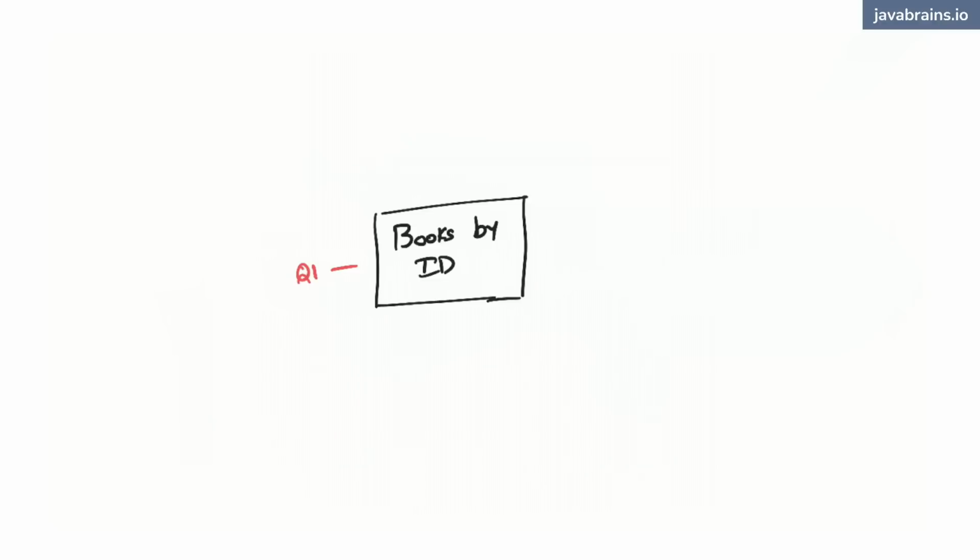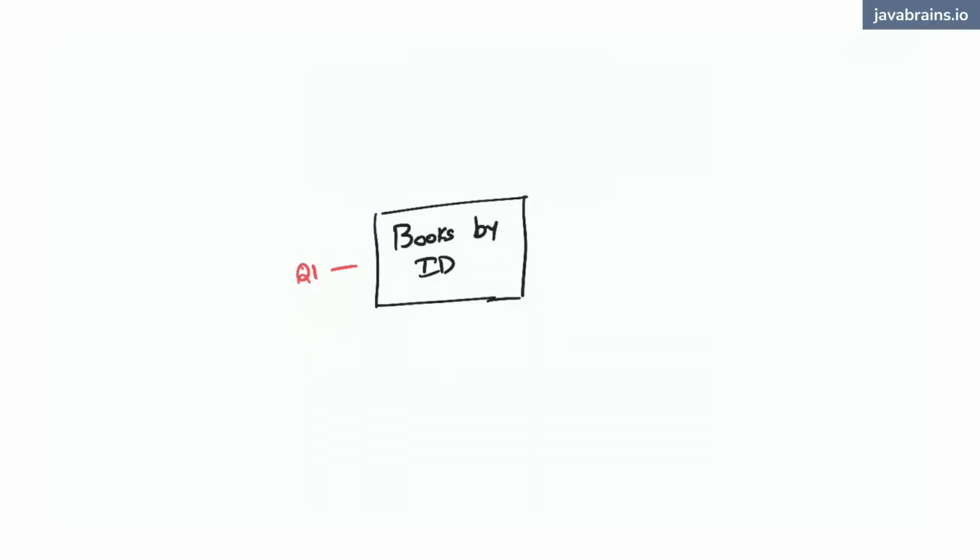This is for the use case of one page per book. You have a URL like your application /books/book ID, and I want to fetch the book. And this is going to be fetched from millions and millions of books that we're going to store in this database. So we want this to be an efficient query. We want to build the Cassandra schema so that fetching a book by a given ID is super fast. This is the first query.